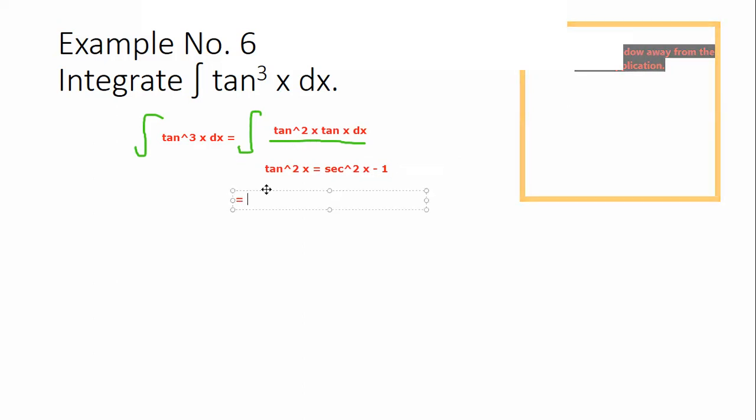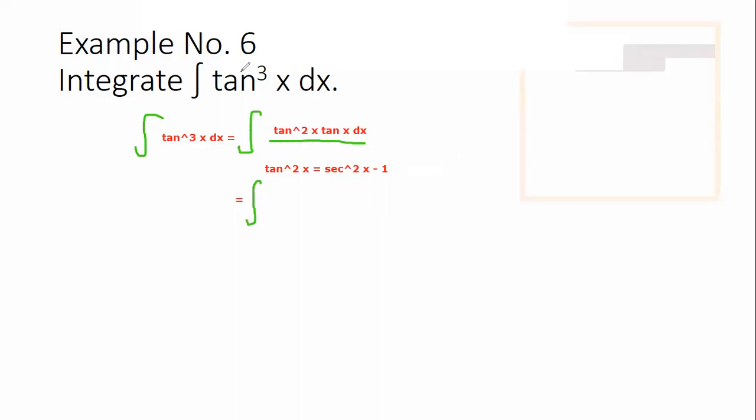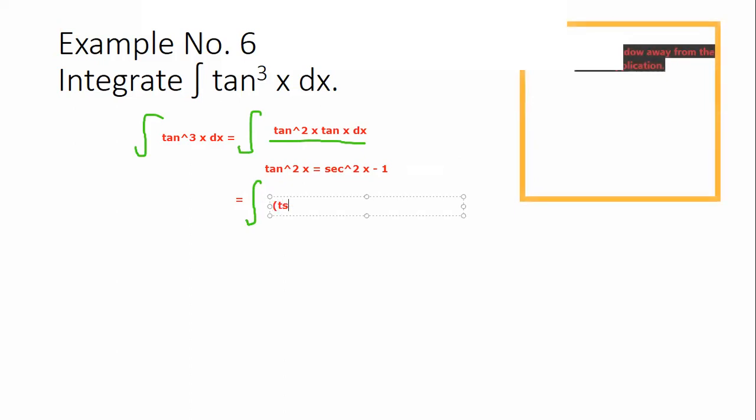So this will be secant squared x minus 1, and then of course don't forget the tangent x. Based on this, we're going to distribute the integral sign and the tangent x dx to all the terms inside the parentheses.